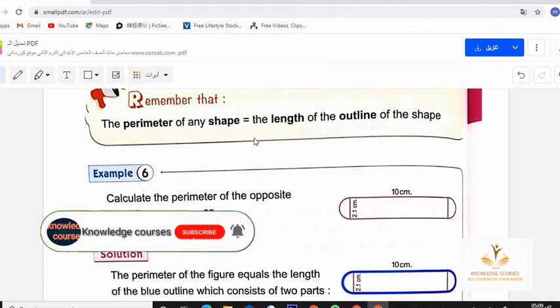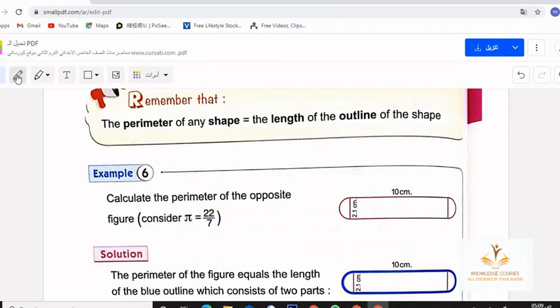The perimeter of any shape equals the length of the outline of the shape. In this shape, calculate the perimeter. So this is a half circle and this is a half circle.